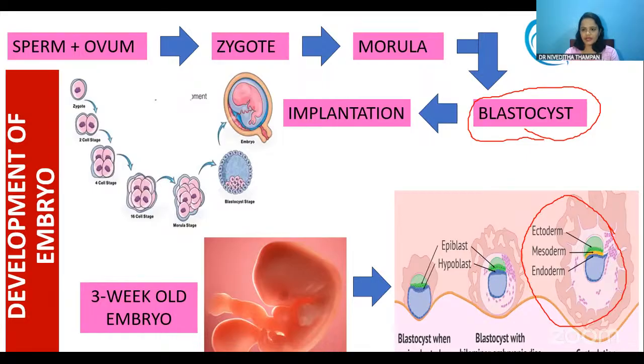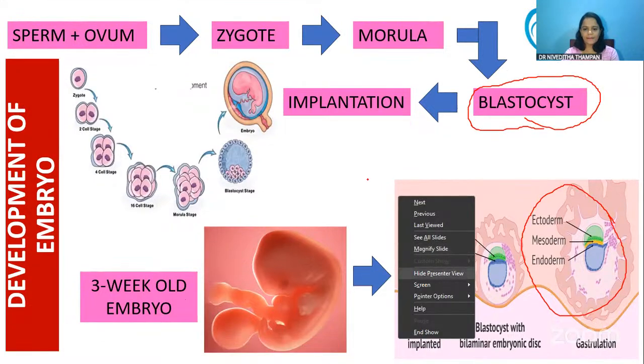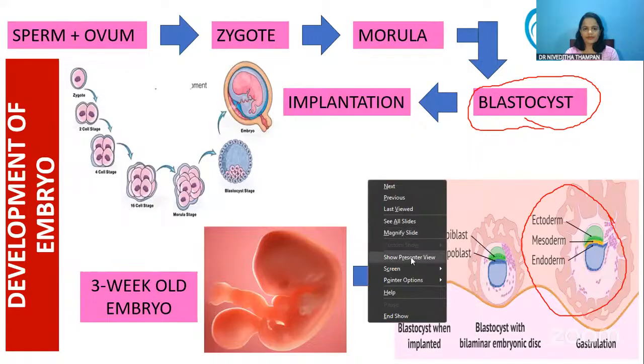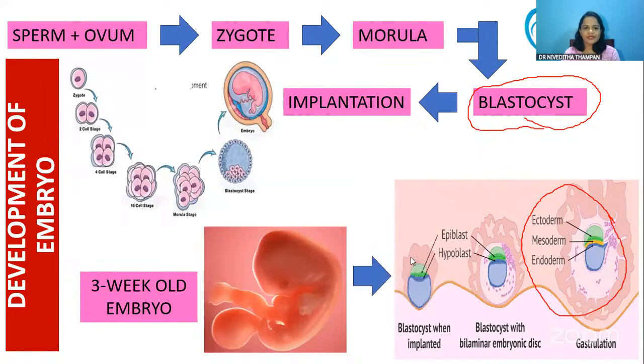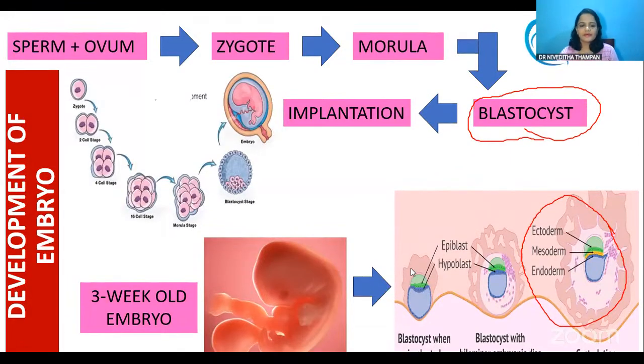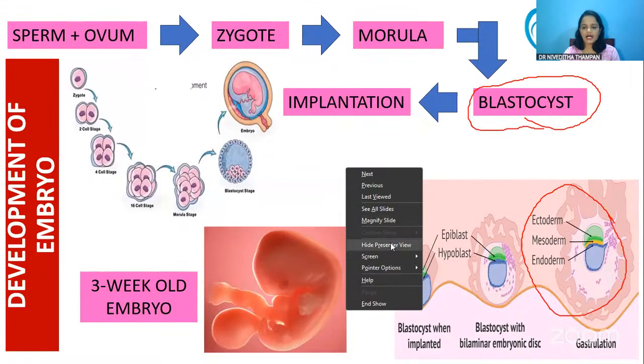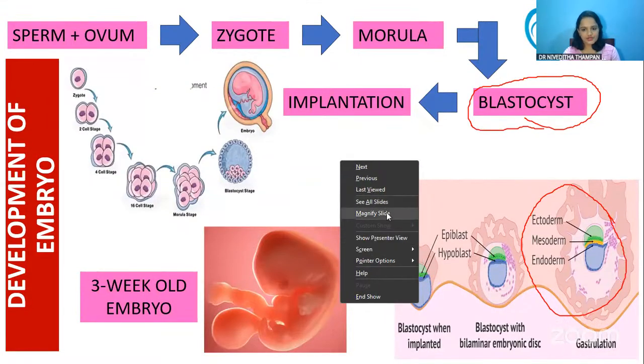The three germ layers are ectoderm, endoderm, and mesoderm. The formation of these three germ layers is called gastrulation.